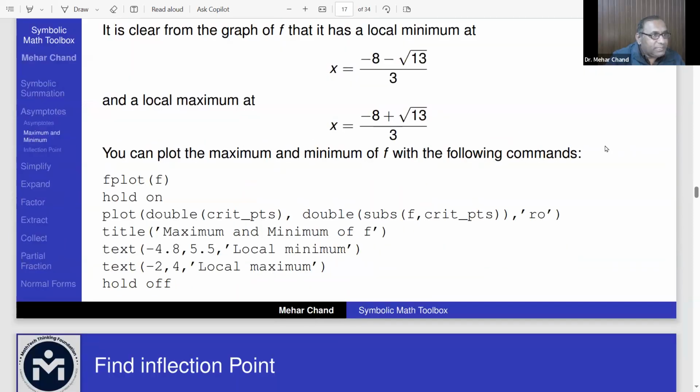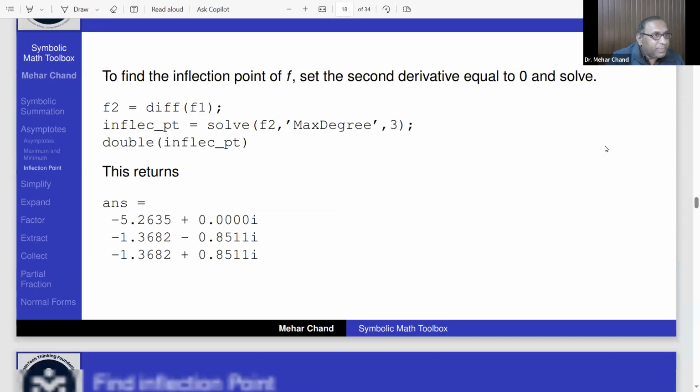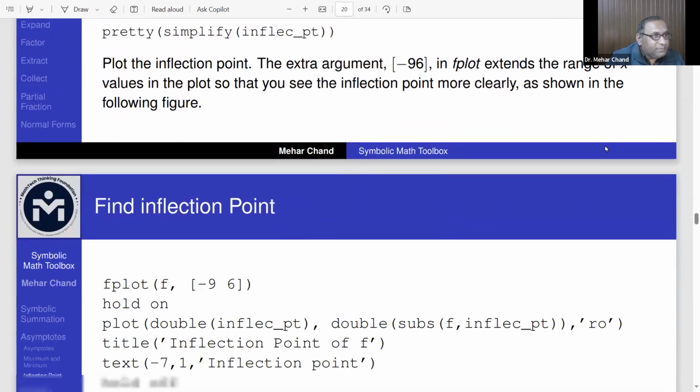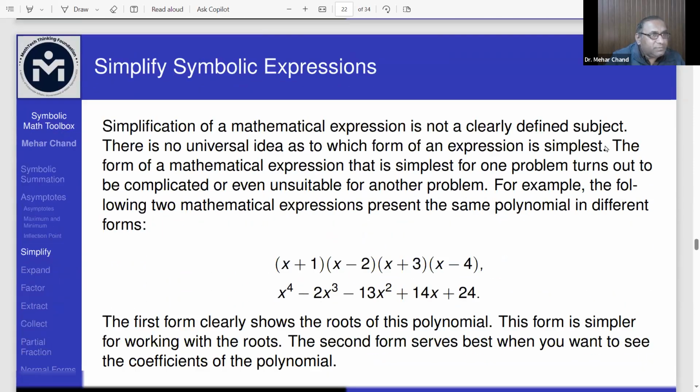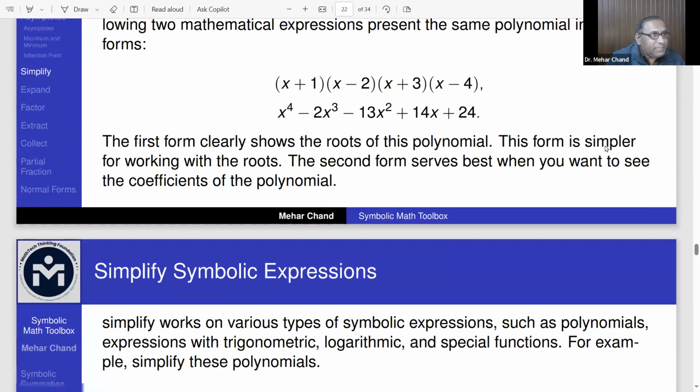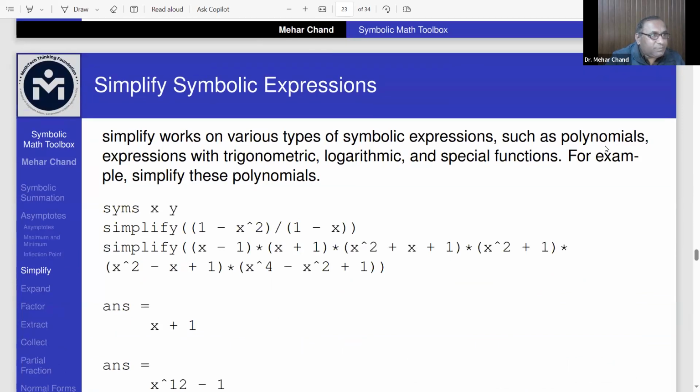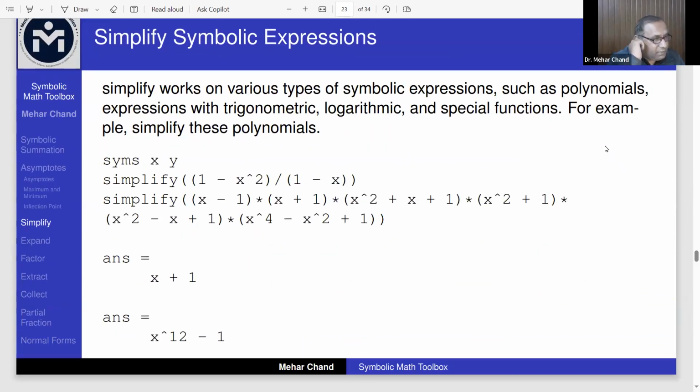Okay, so we have discussed here maxima, minima. All this part has been covered. All the images which you can see at this place. Simplify symbolic expression. As you know, we use a simplify function.